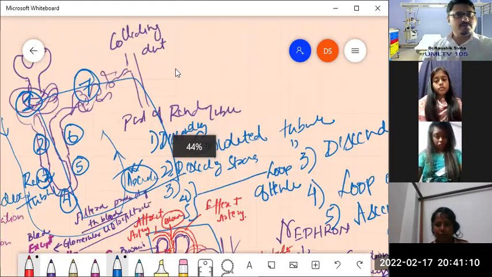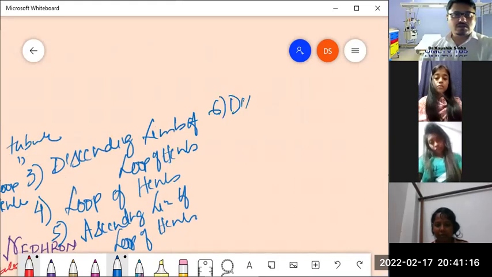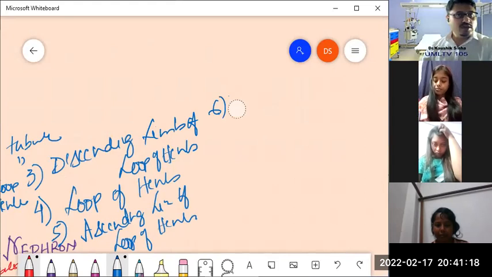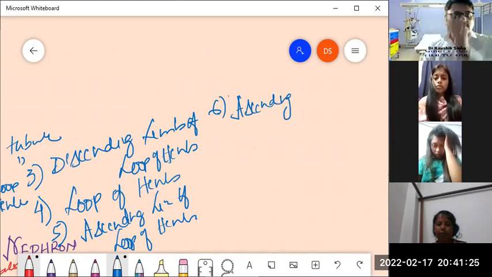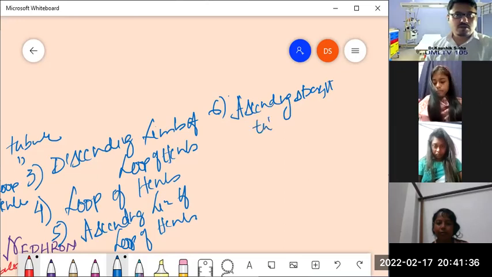Clear? I'll be writing the name out here. Is it descending? No. It is ascending. Part 6 is ascending, moving upwards, right, Sumana? Ascending straight tubule.